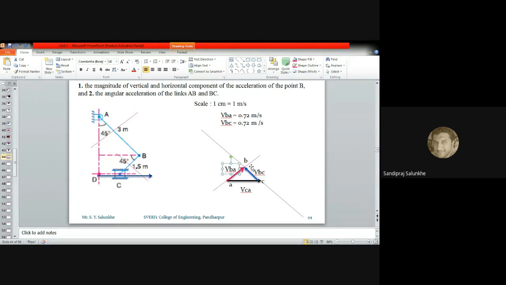Also velocity of point B with respect to A is also 0.72 meter per second.